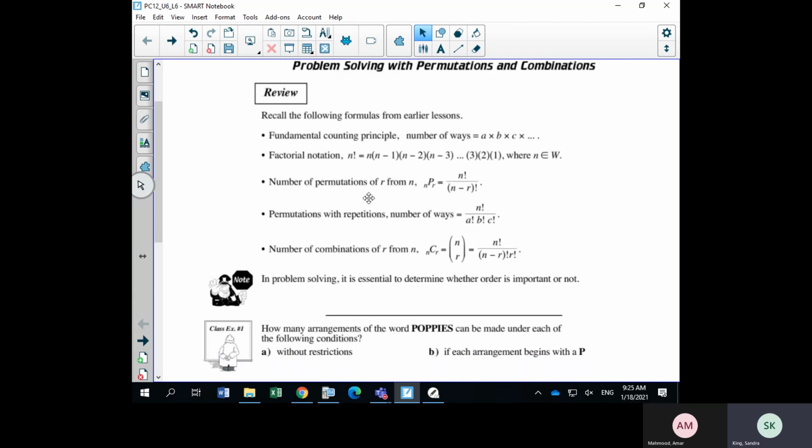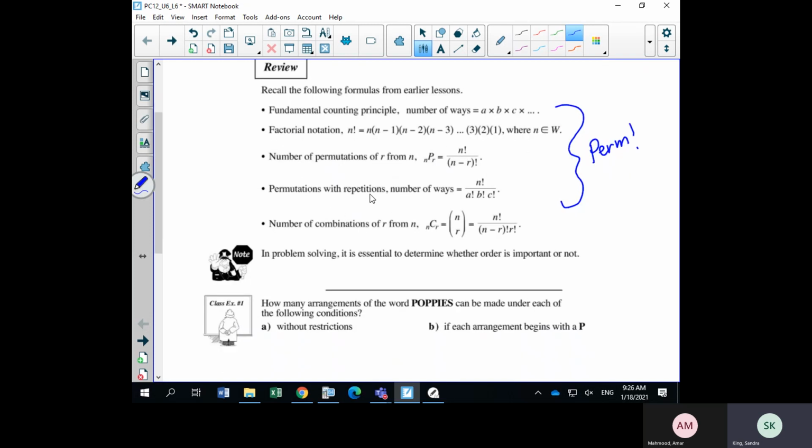Okay, this is the review, and on this review, the majority of the stuff, from here to here, was permutations. So the fundamental counting principle is a permutation. Factorial notation is a permutation. nPr, or n permute r, is the formula for permutations.